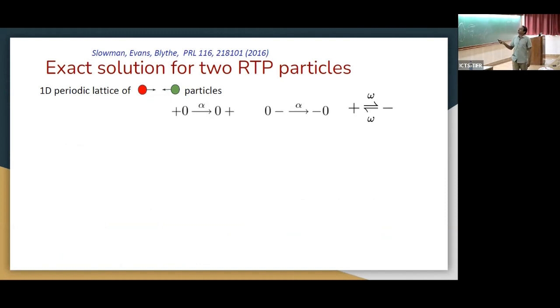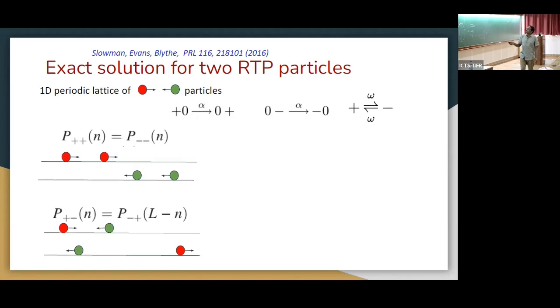There is an exact solution for two RTPs for this model. Many RTPs are not solvable, but if you take just two particles, this is the same dynamics. There are two particles, so both of them can move right, both of them can move left, or they move like that, or they move like this.